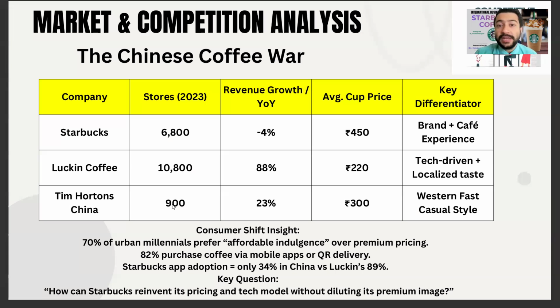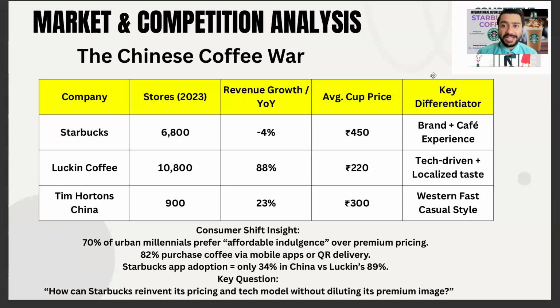Now, what was the revenue growth year on year? Starbucks, with its 6,800 stores, was making a loss of negative 4 percent. The average price per cup was rupees 450, and it was not digitally well acclimatized.